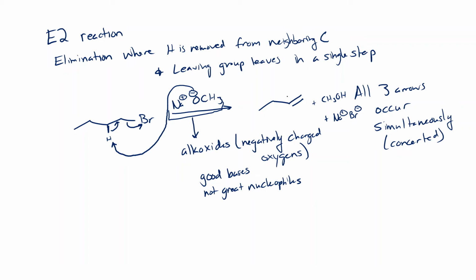If you balance your equation, right? This is the only thing that we're really too concerned about because this is the organic product. You don't have to draw out the completely balanced products every time. All we really care about is the organic product. So we're going to make alkenes this way by using a strong base. E2 reactions require a strong base.